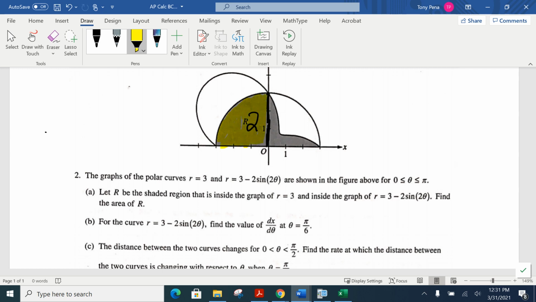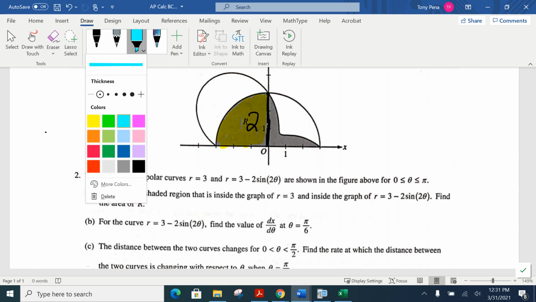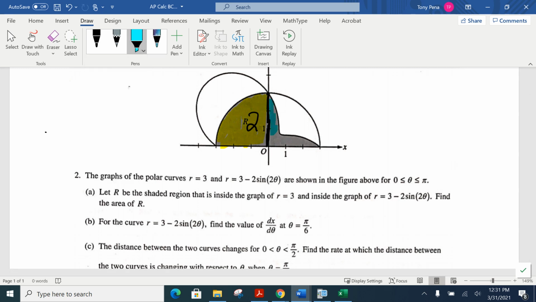Yellow doesn't show up very well on this. And then isn't all the area over here enclosed by this 3 minus 2 sine of theta? So if we understand that, it's really just 2 separate problems. As long as we know what our limits are, we're going to find the area of those 2, and then we just need to add those together. Okay. So that's what we're going to do in A.